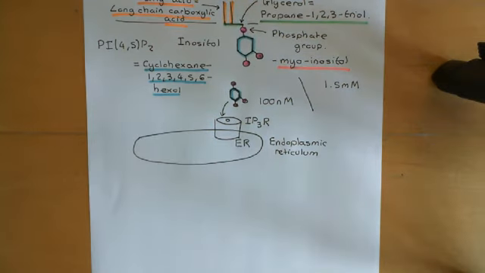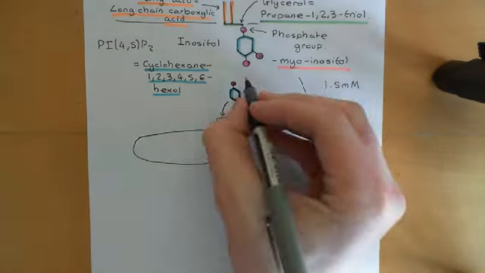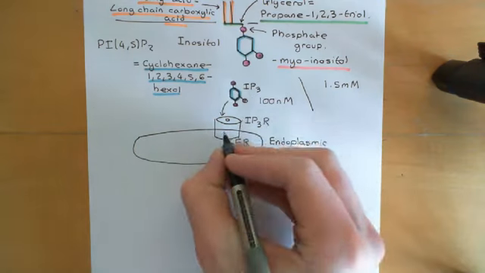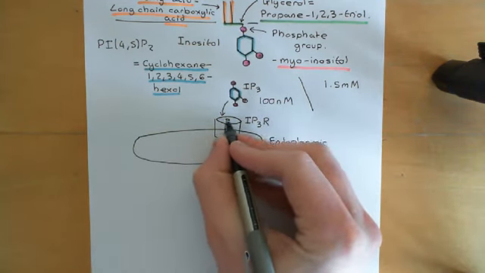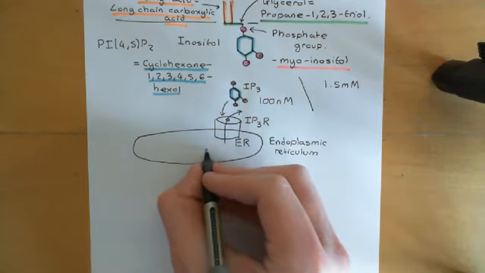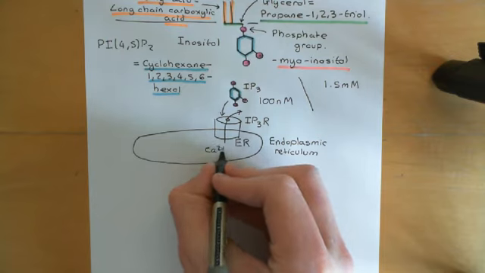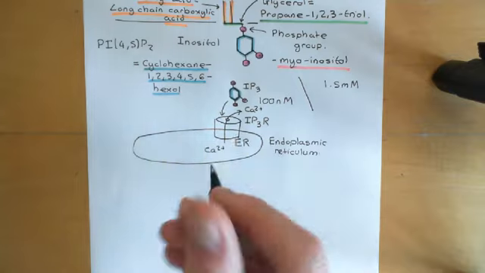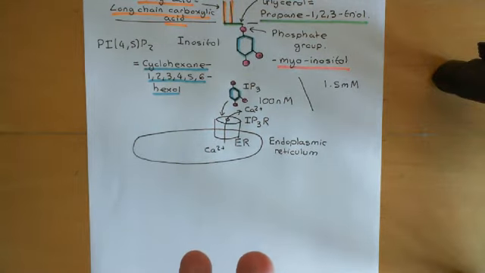It's not thought that all 4 of them have to be occupied in order to open the IP3 receptor; 2 or 3 is thought to be the number. The binding of IP3 to the IP3 receptor then triggers it to open, and it's then a calcium channel which allows calcium to move from the inside of the ER into the cytoplasm, and that calcium can then cause loads of intracellular effects.